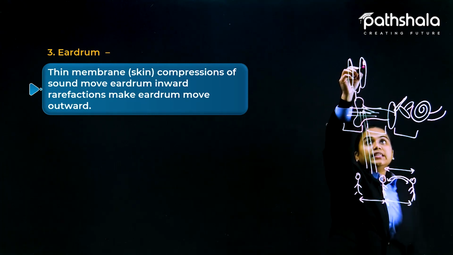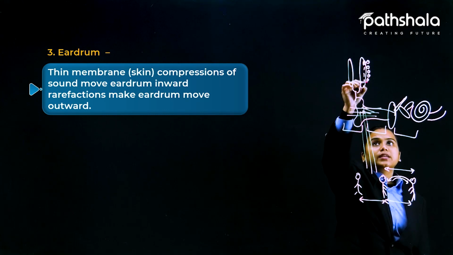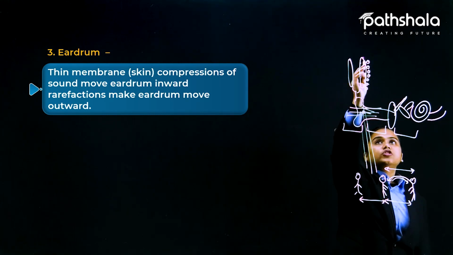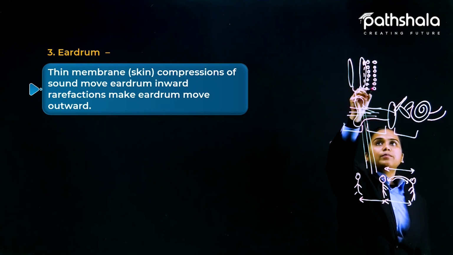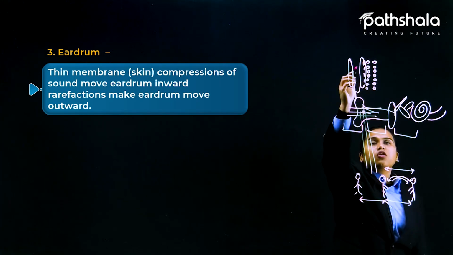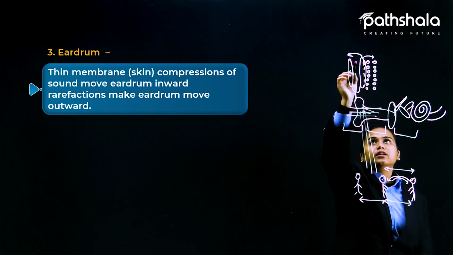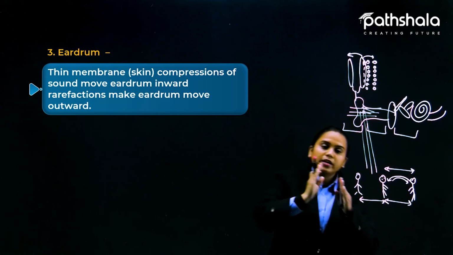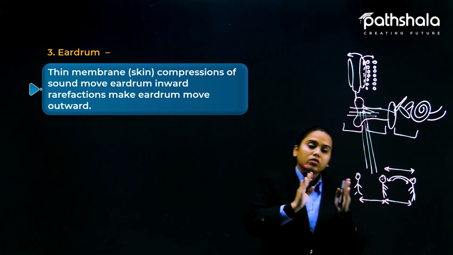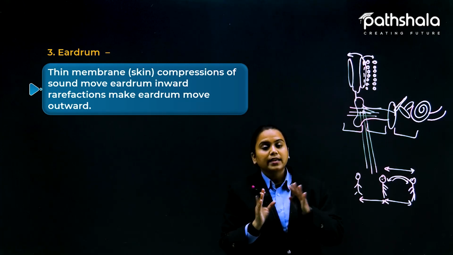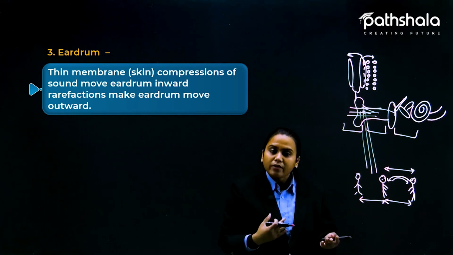Now these tongs affect the particles which are present here, and they get shifted in this direction and get close to the next layer of the particles, and then these tongs again get shifted to this side. When they are moving here, they are pressing the particles against the other particles. When the tongs are moving back, we can say there is a much bigger gap now, and that gap is known as the rarefaction.